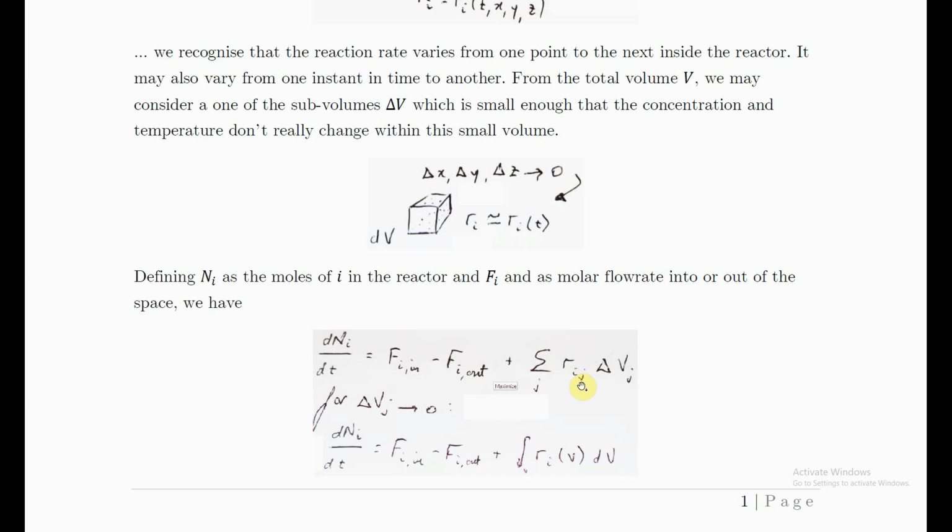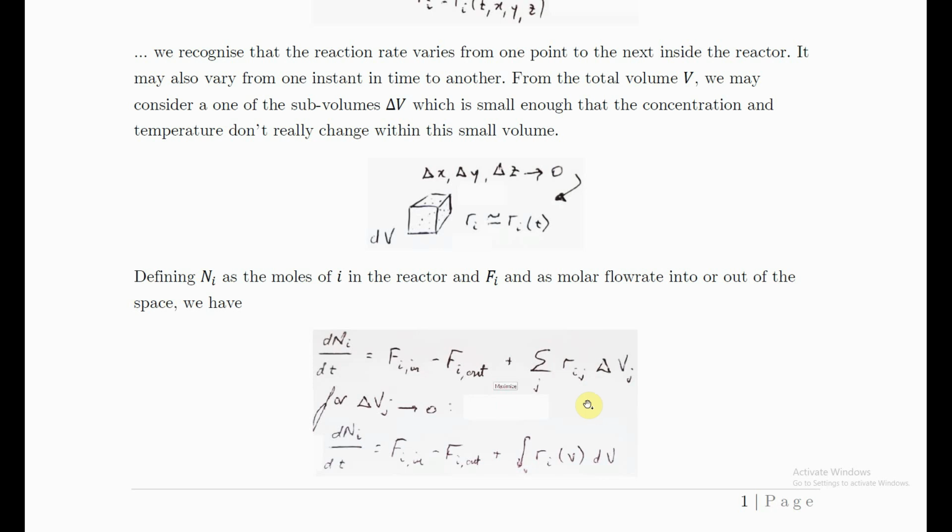And by the way, we've said Ri is a rate of formation, and so of course there's a number behind this. So if, for example, it's 10, then we are saying we've got 10 moles per second per cubic meter. If component I is actually being consumed in the reaction, so if I is a reactant, then it's going to be consumed. In that case, the number will be a negative number, so it will be minus 10 or something like that.